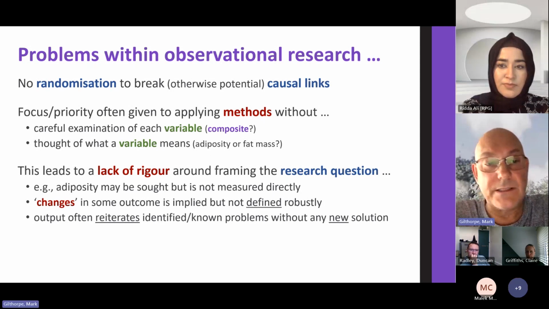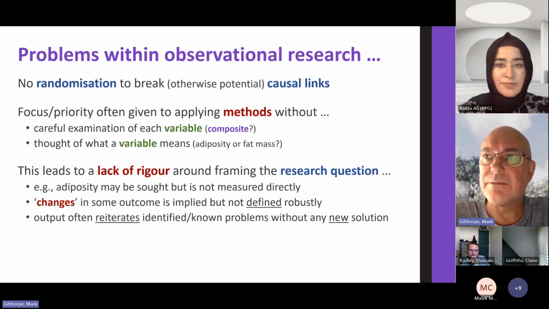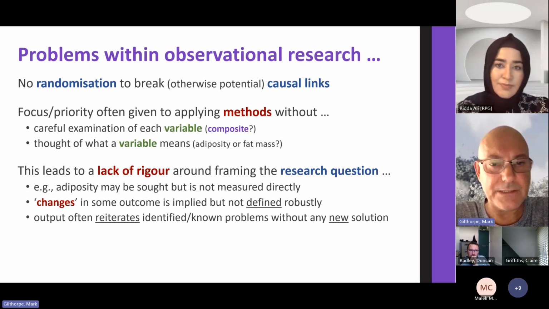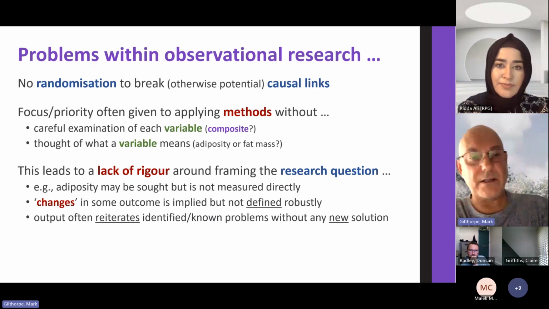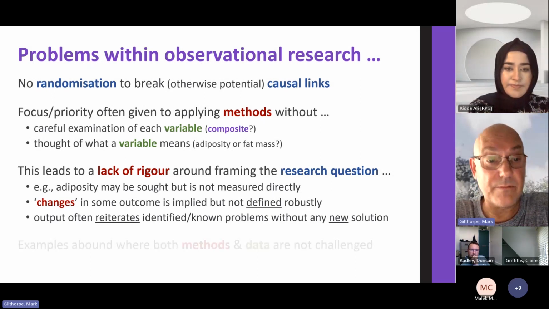And worse still, I think, is that we often do all of this without necessarily achieving any objective that is causally motivated. Even though we might really desire causal inquiry, we throw a lot of sophisticated methods at data without thinking about them carefully and don't really provide any solutions that are causally informed.